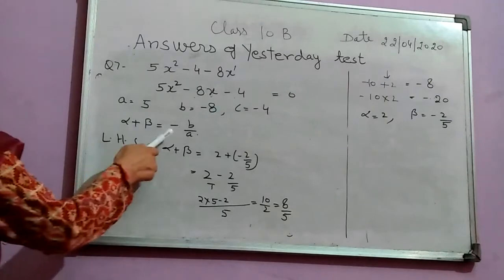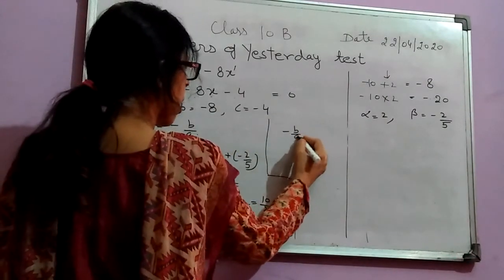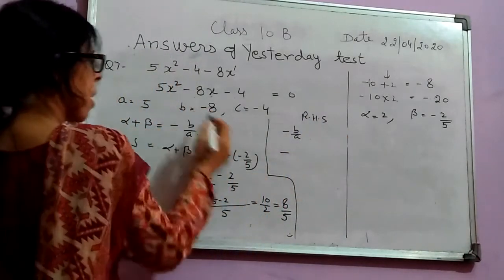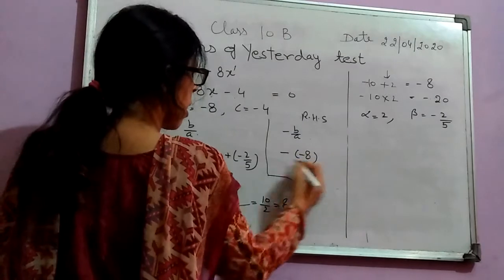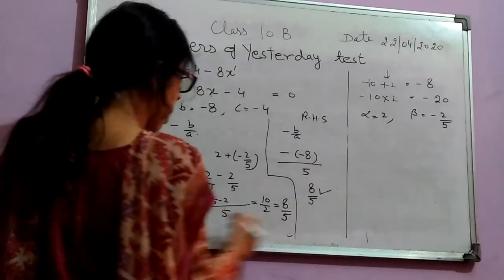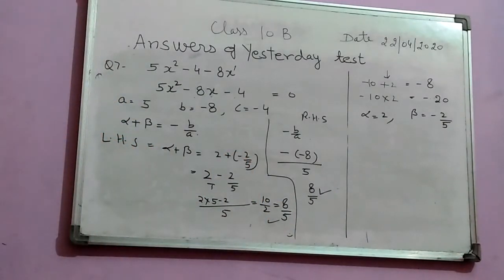Now find the right hand side, minus b upon a. Minus b is minus of minus 8, a is 5, it is 8 upon 5. Now compare both side results, it is same, hence first relation verified.